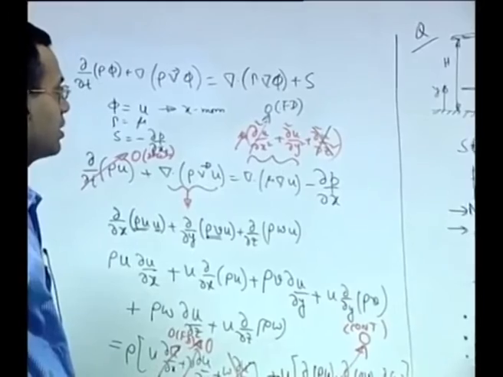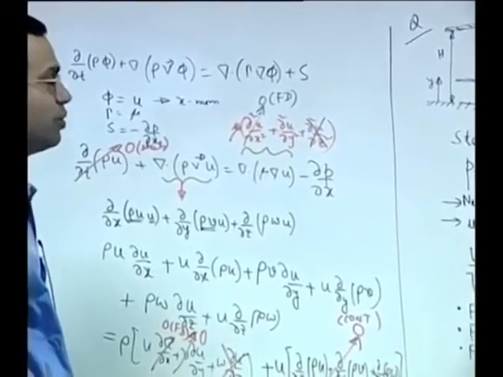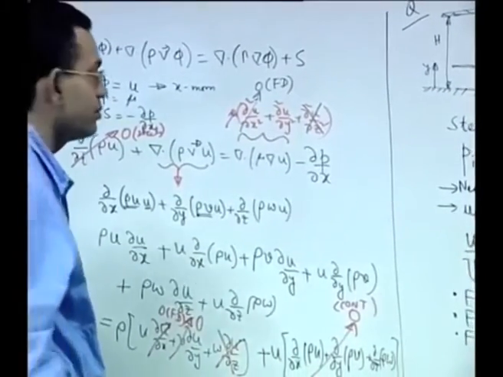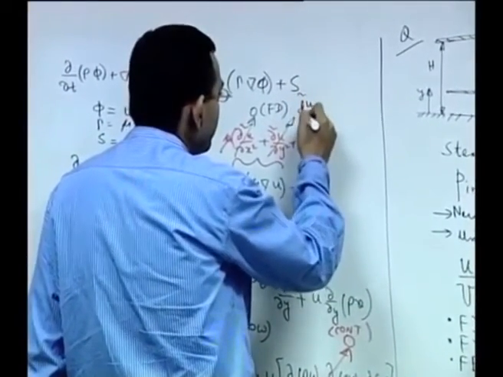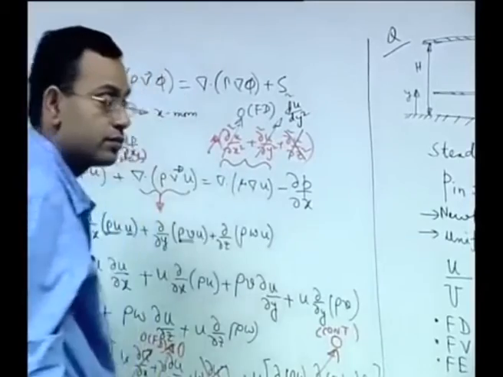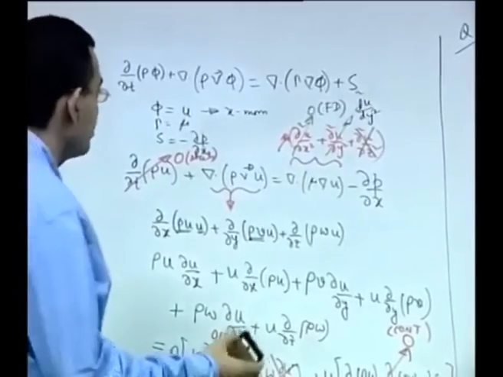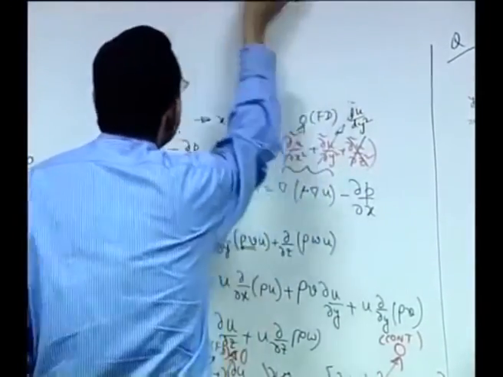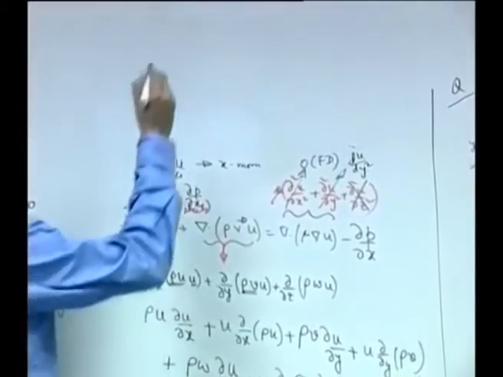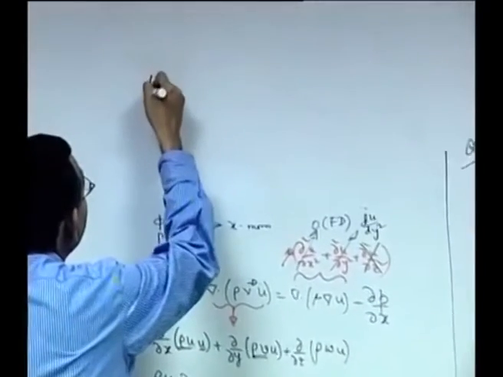And because it is fully developed, u is a function of y only. So, this will become an ordinary derivative. To summarize the simplification, what we have at the end, we have mu d2u dy2.